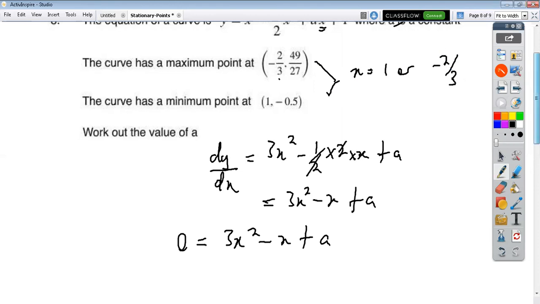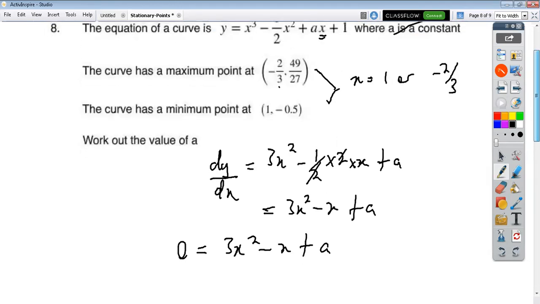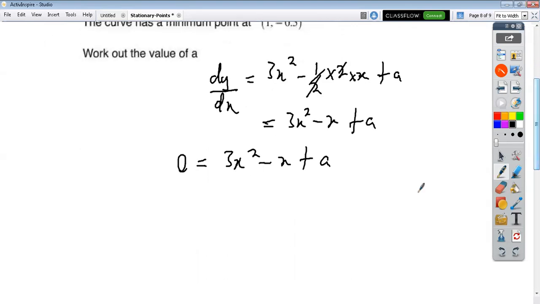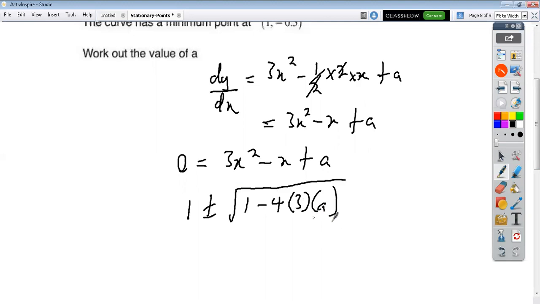Makes sense? Now let's use the quadratic formula to play around with that. Minus b, so minus negative 1 is 1, plus or minus the square root of b squared, that's 1, minus 4 multiplied by a which is 3, multiplied by c which is a, which we don't know, all divided by 2 times 3.